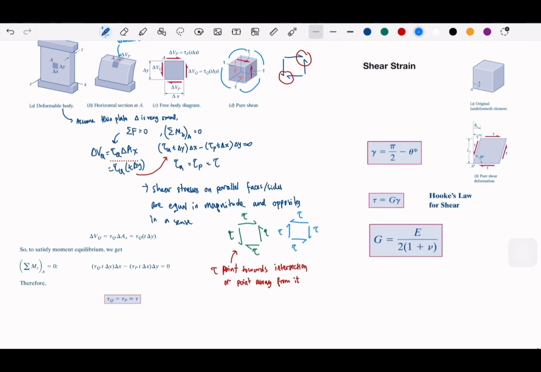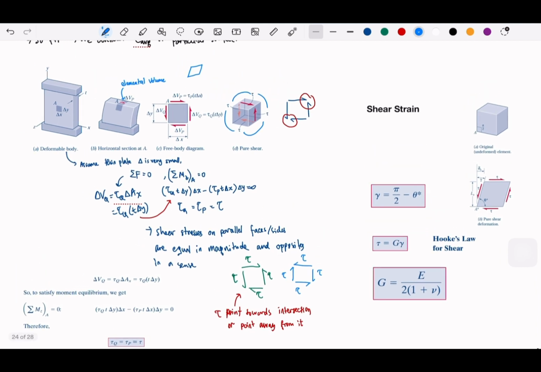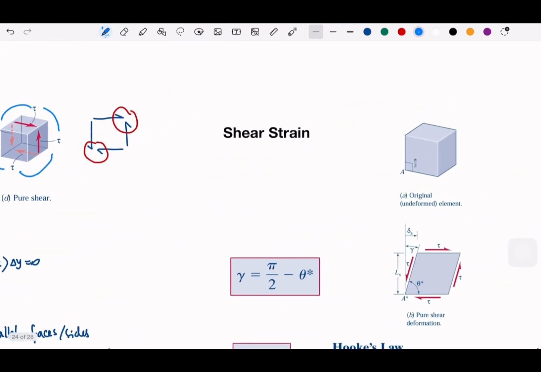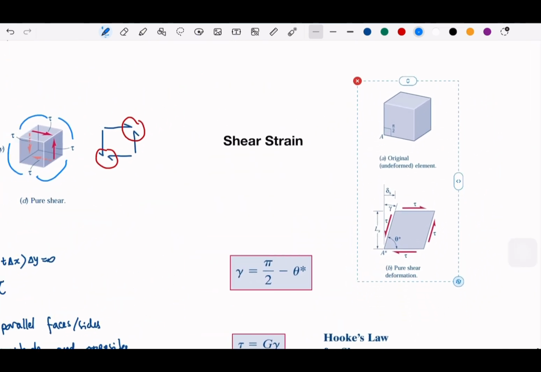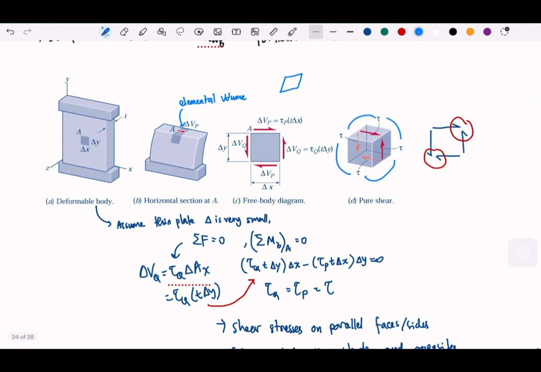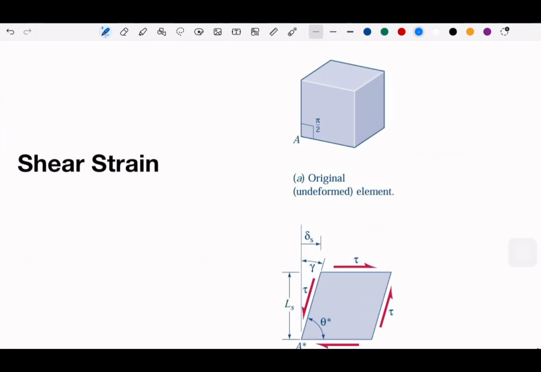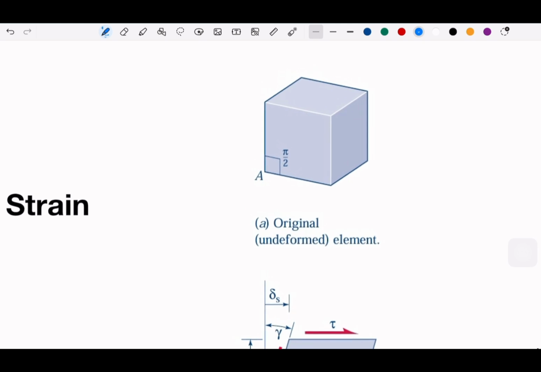Okay, now after we observe the pure shear, we look at the shear strain. So how do we define the shear strain? If we see the same deformable body, imagine that you exert some forces on it, and imagine what is happening in between the surfaces, in the middle of the body.